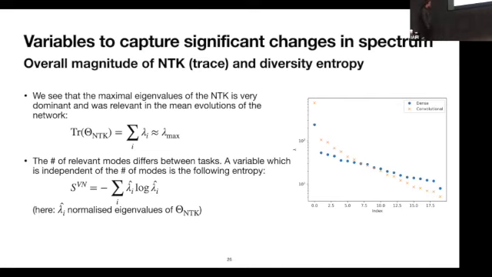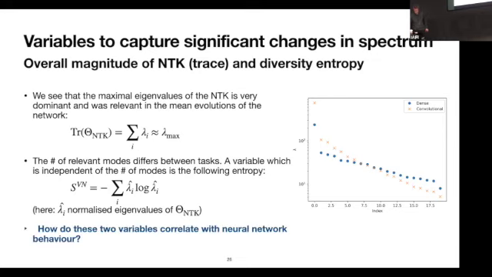This gives you a diversity measure of how this training is going along. A natural way to incorporate that is to look at the entropy measure, which is given by normalized eigenvalues, lambda log lambda, of the NTK. And so what I want to explore is how these two variables correlate with neural network behavior.